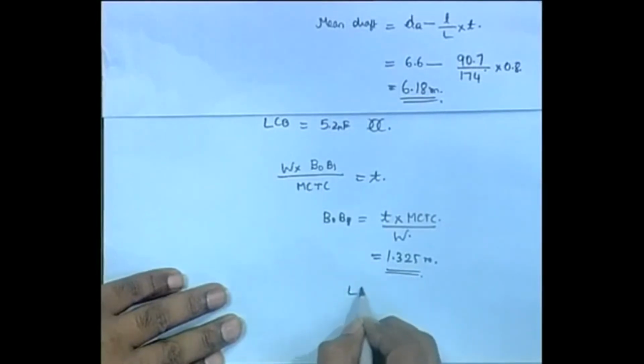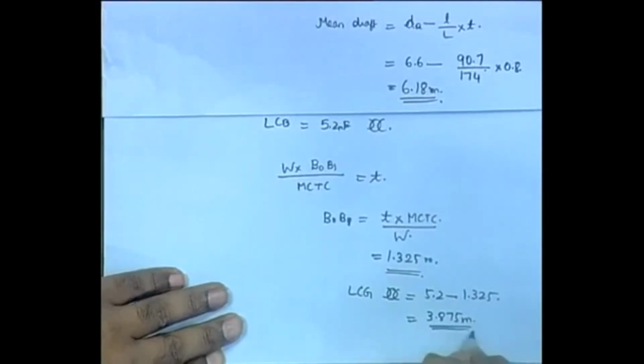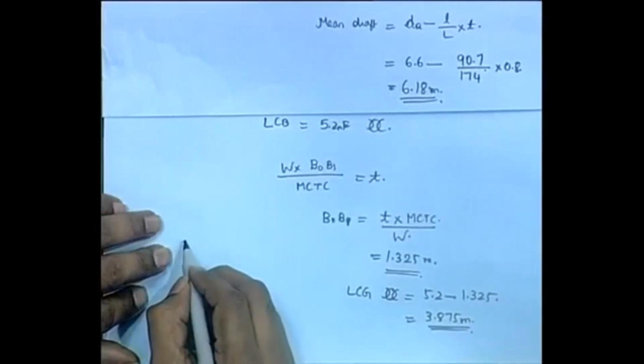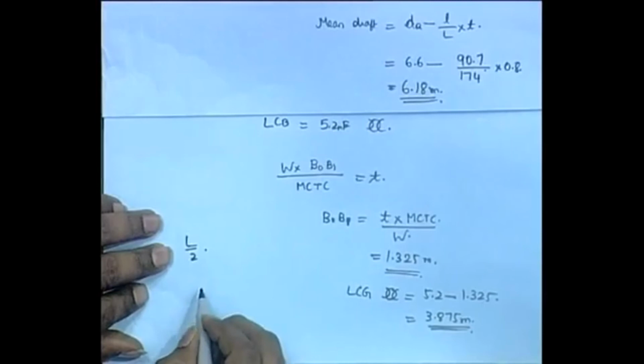So you can find that your LCG has shifted this much. Your center of buoyancy shifted so much, which means this is the final position of your center of gravity, in meters. If you add L/2 to it, you will get the distance from the aft perpendicular.